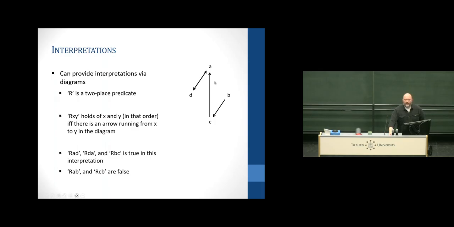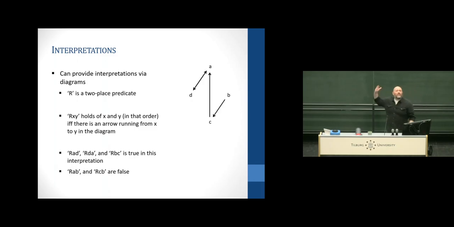So this arrow here means that whatever relation, we'll call it R, holds between C and A. So RCA is true on this interpretation, because there's an arrow that starts at C and ends in A. But on this diagrammatic interpretation, is RAC true? No, right? There's no arrow that starts at A and points at C.